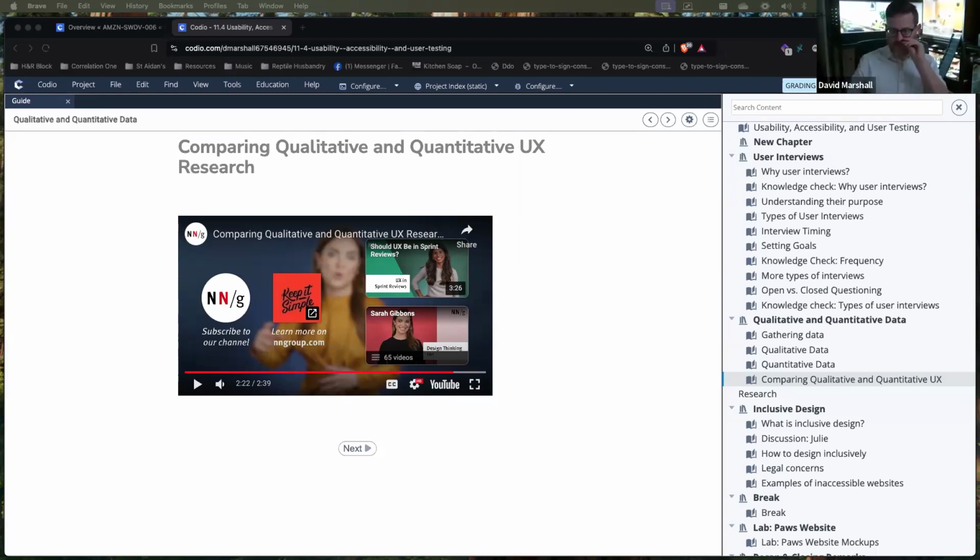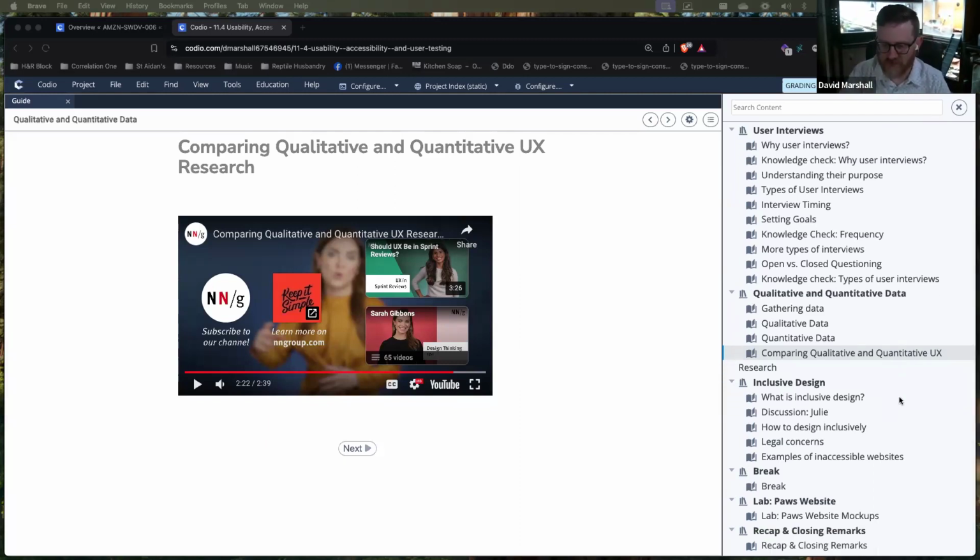Great. So let's do this. Let's go over the next section, inclusive design. We're going to take a break after that. And then we do have the lab, but I think we can talk about how to incorporate a lot of this UI UX research work into your day to day as well, whether you're a freelance or you're working on a team.